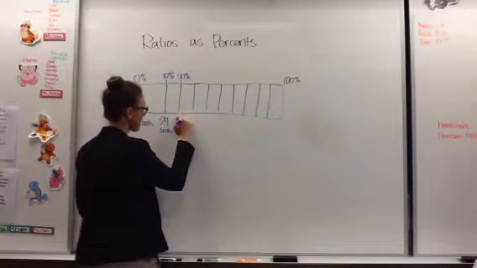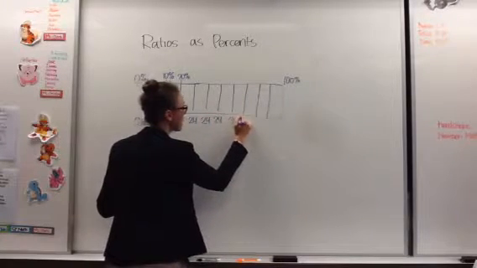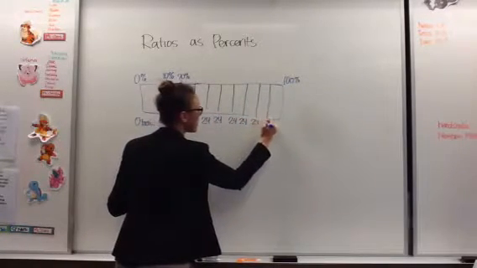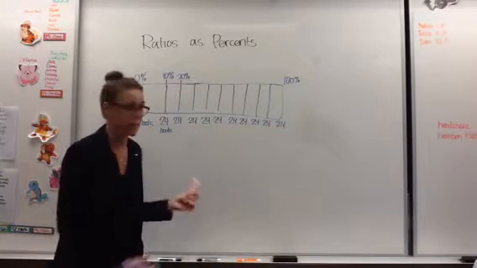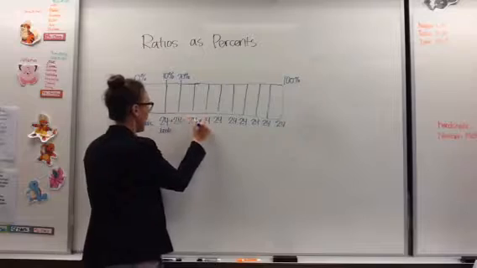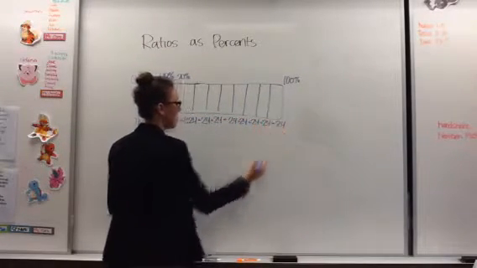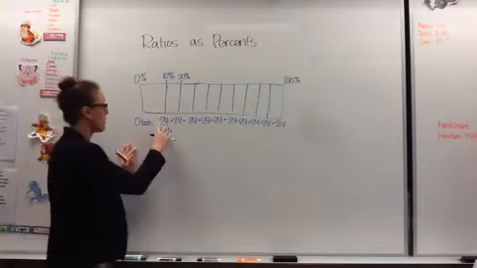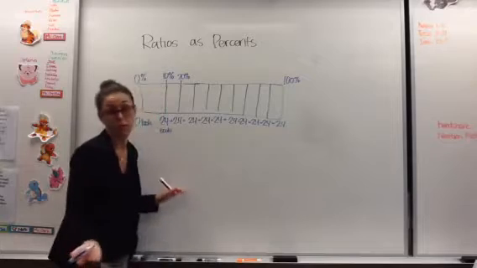So 24, 24, 24, and so on. So I could either add all those together using addition, or I could say 1, 2, 3, 4, 5, 6, 7, 8, 9, 10. 24 times 10.